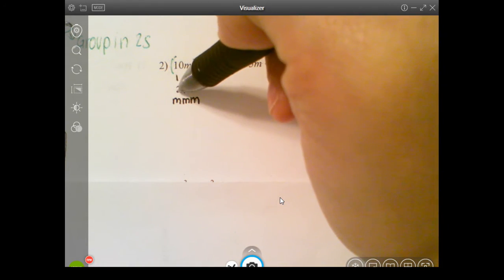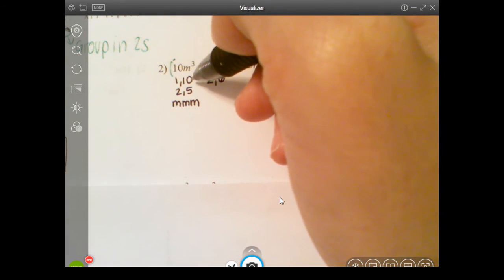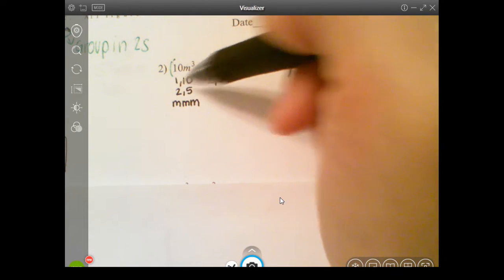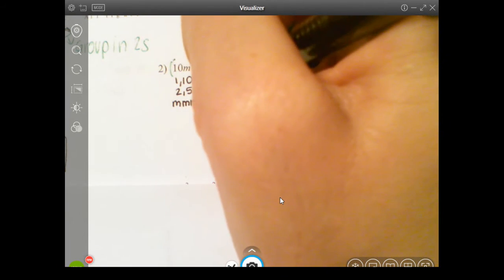Does 10 go into 12 evenly? No. Does 5 go into 12 evenly? No. Does 2 go into 12 evenly? Yes, 2 and 6. So I started with 10 because it's the biggest. Remember, I want the biggest. So if this is the smallest number, I can start with the biggest stuff and figure out what goes over here. And then I have 2 m's.